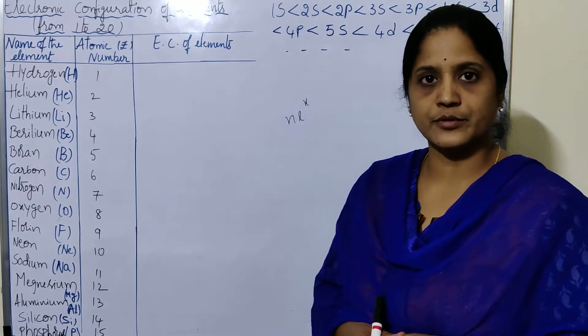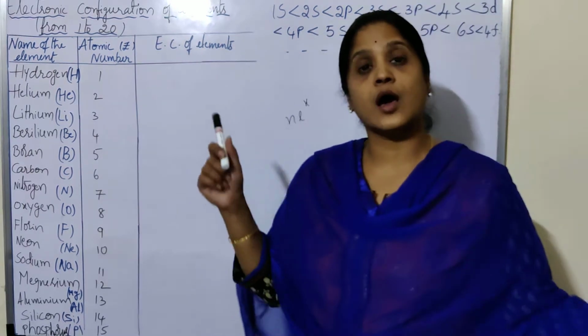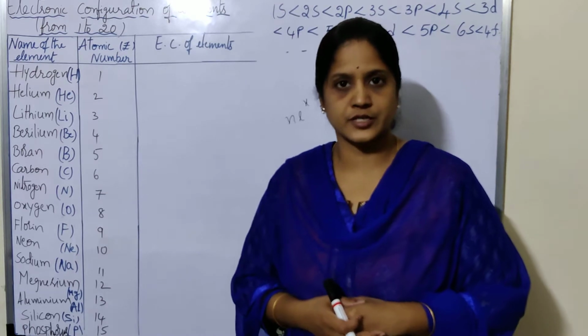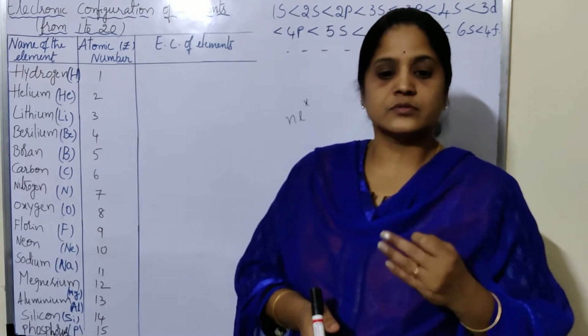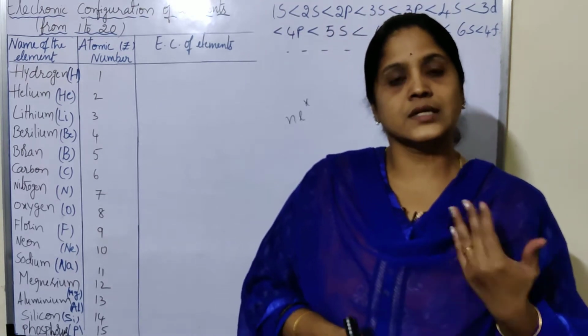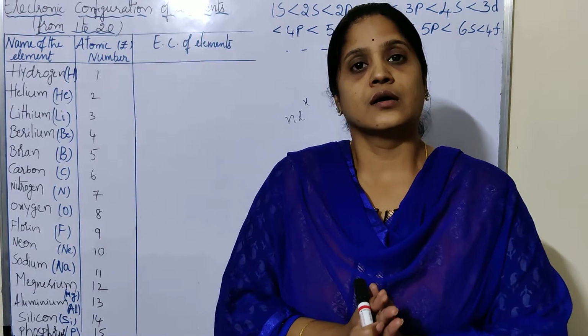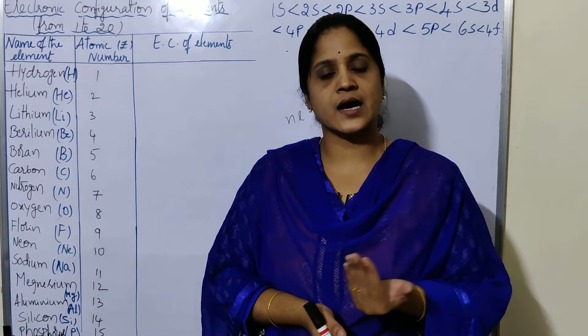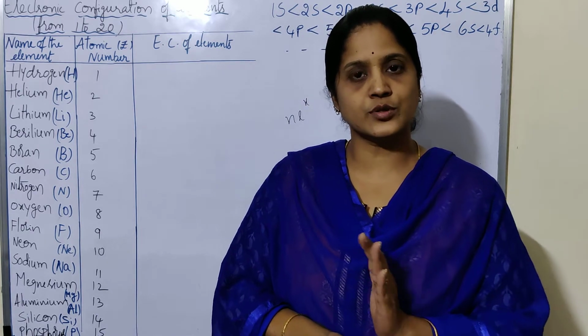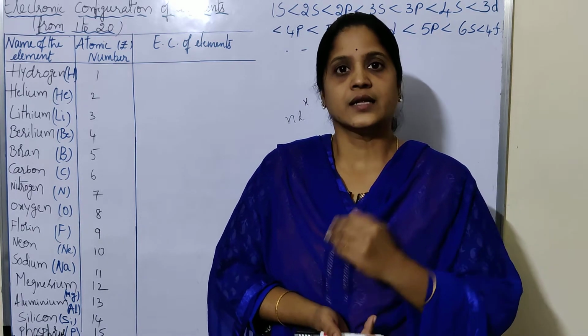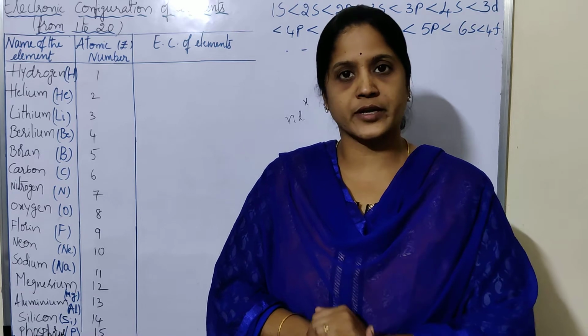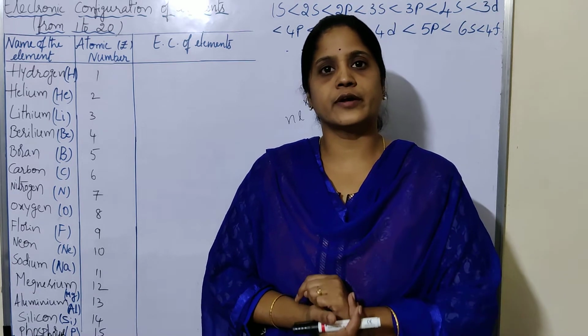Now in this video I am going to explain how to write the electronic configuration. To learn this, first you have to practice and learn by heart the elements from 1 to 20, because in our textbook they asked only from 1 to 20, and this is important for 1 mark.